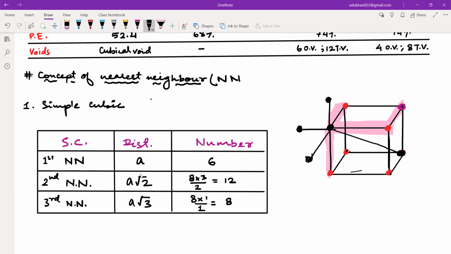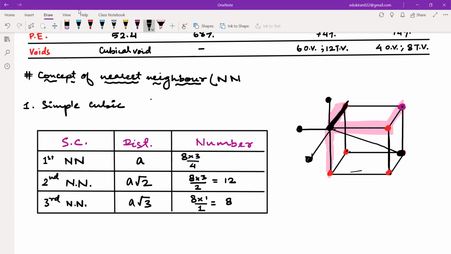Okay, so when you have the first nearest neighbor, 6 comes like this. You have 8 unit cells, and in each of these 8 unit cells you have 3, but you divide this by 4, because each of these corner atoms, these two corner atoms, are shared by 4 unit cells, because it is on an edge. Can you see that?